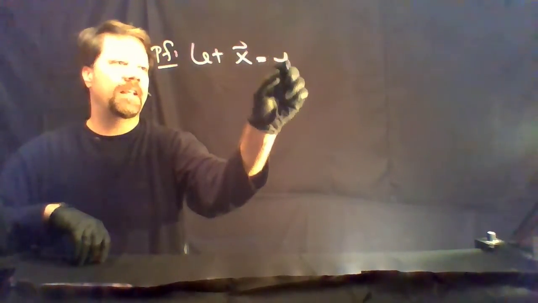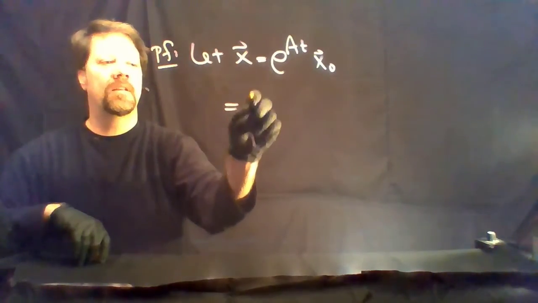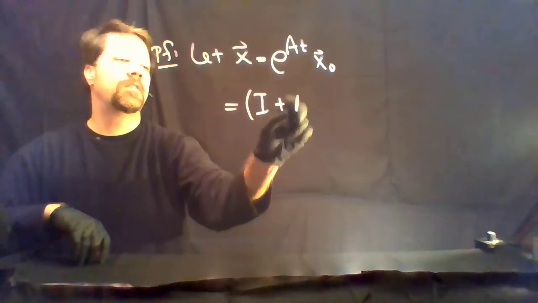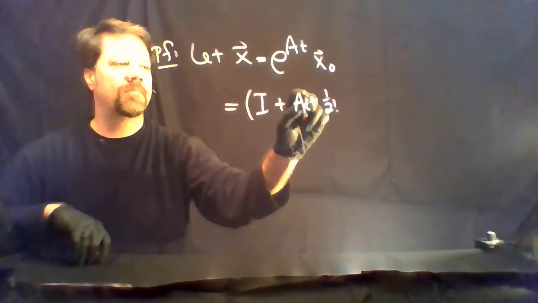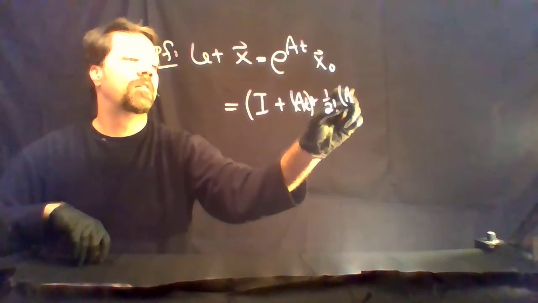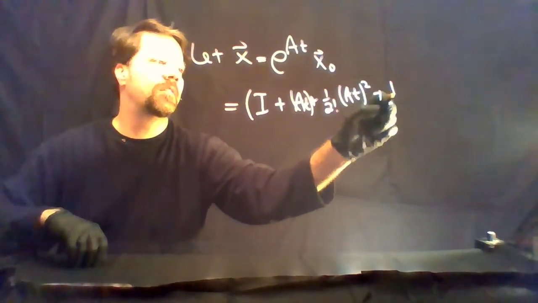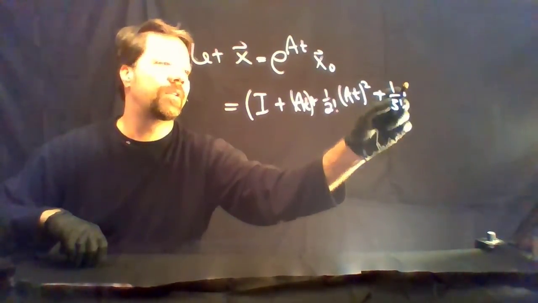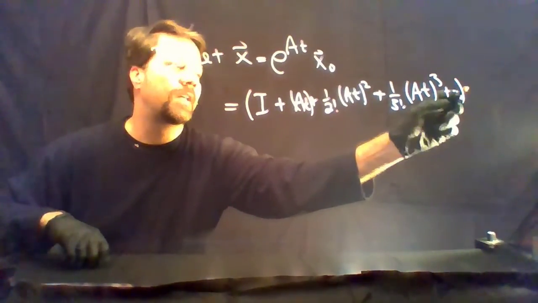To see this, let x be e to the At times x naught, which is equal to I plus At plus 1 over 2 factorial A squared t squared plus 1 over 3 factorial A cubed t cubed and so on, all times x naught.